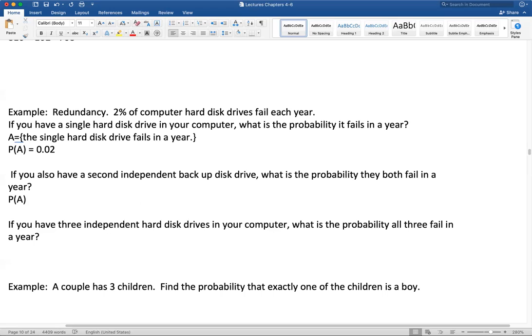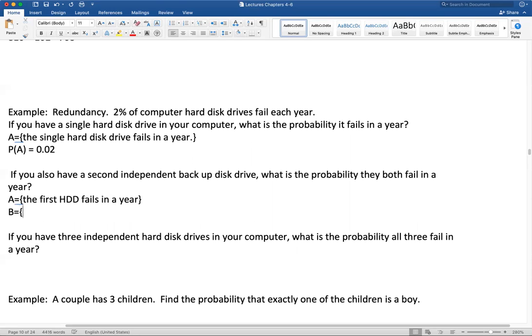So then A is the event that the first hard disk drive fails in a year, and then B is, let's say, the second hard disk drive fails in a year.